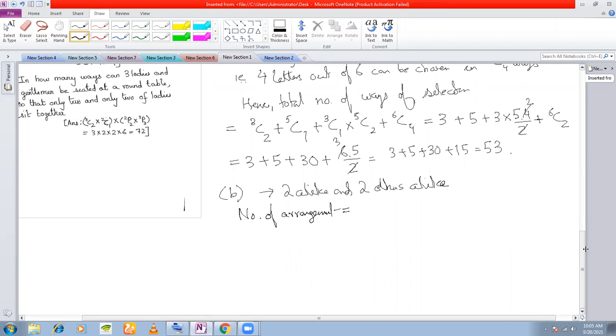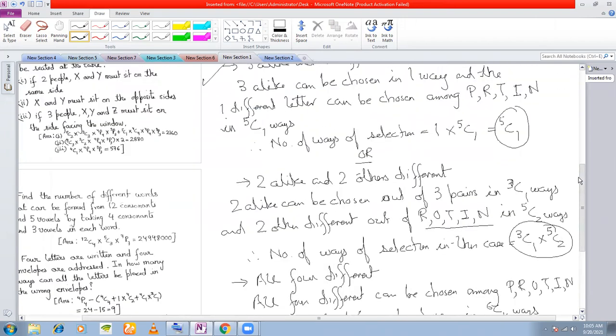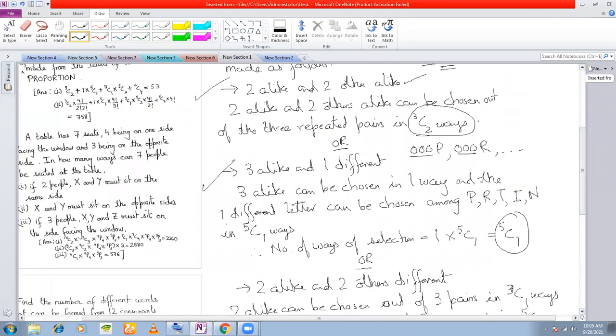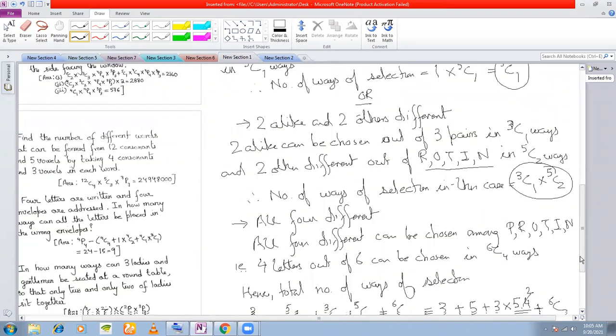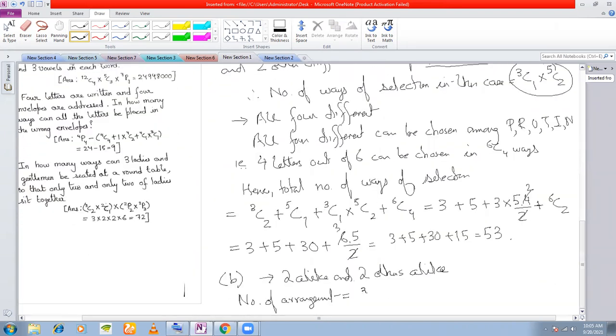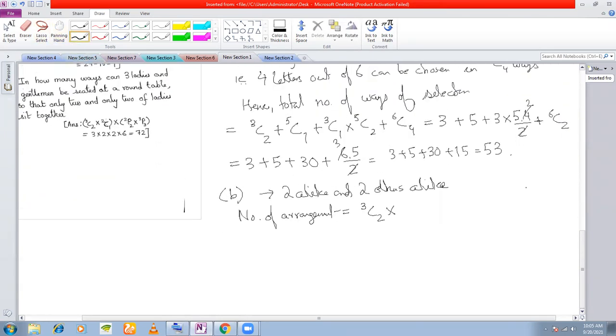is equal to, first, how many ways are we selecting? 3C2, right? Into. Now, if 2 alike and 2 others are alike, how many ways can you arrange? Let's say you have PP and RR.